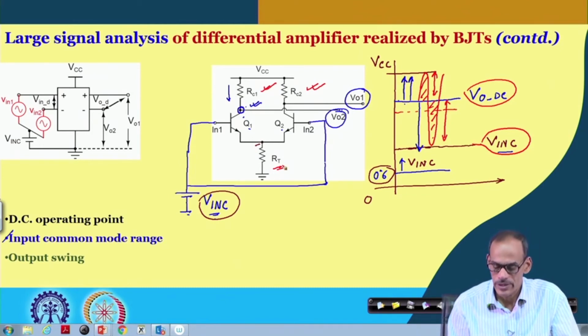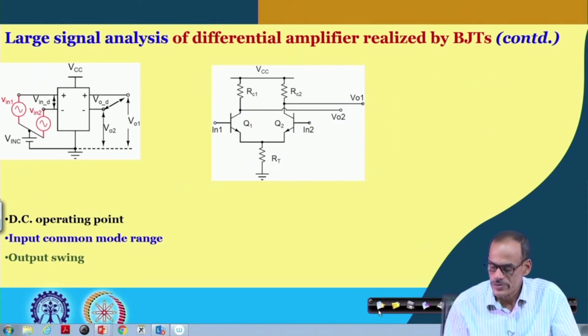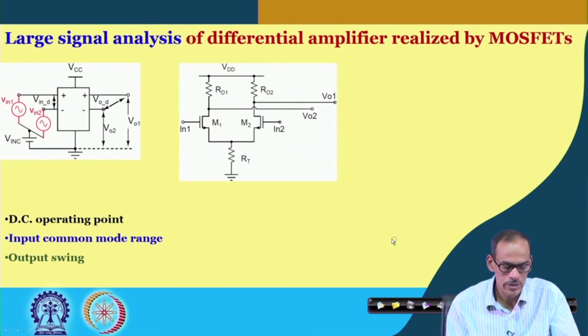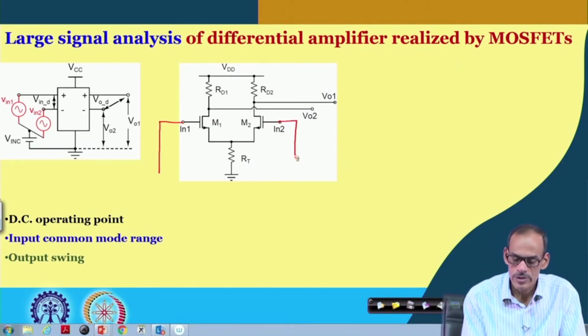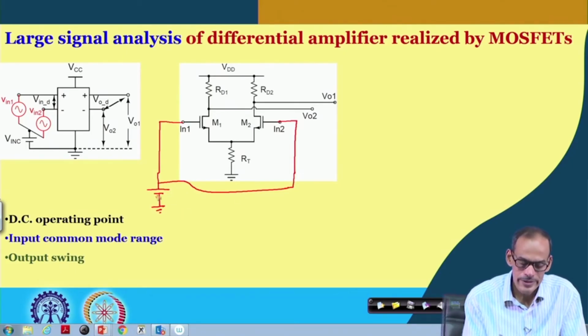So, similar to BJT, for the MOSFET circuit also we have a similar situation, namely the DC operating point is a strong function of the input common mode voltage. Suppose we have the input common mode voltage, V in C, coming to the gate of transistor 1 and transistor 2, so that defines the gate voltage here.